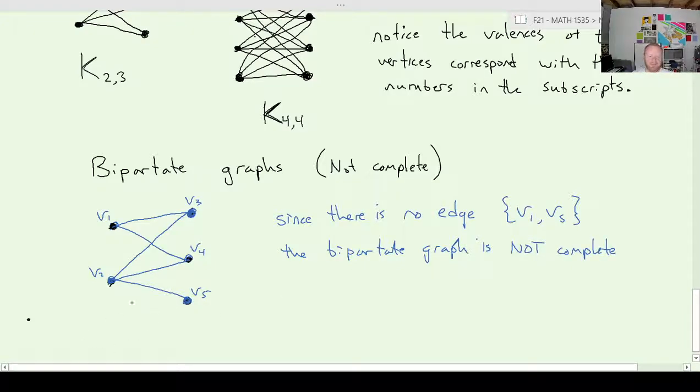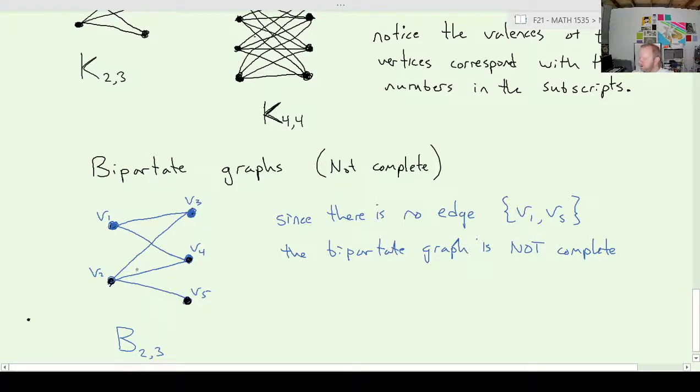The name that we would give this one, we wouldn't use K. K we use only for complete graphs, but this B here, we could still call this B 2, 3 because that is the number of vertices on the left and number of vertices on the right.